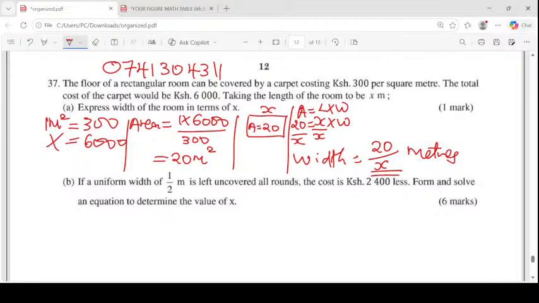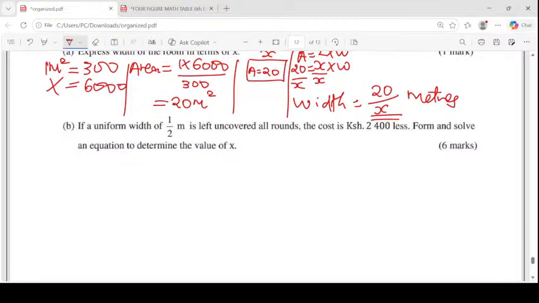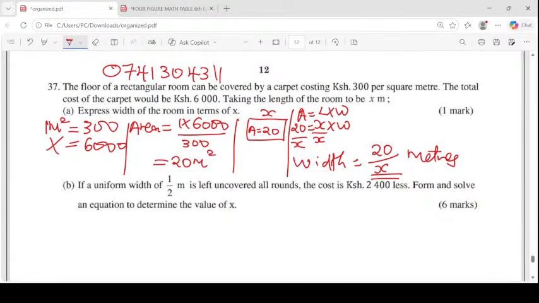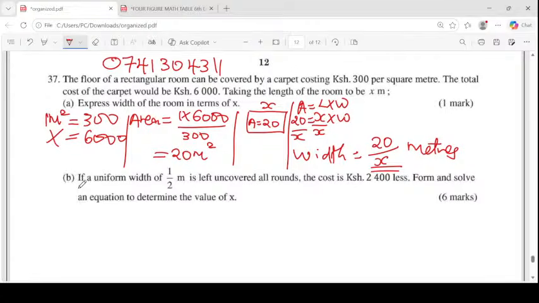Part B, if a uniform width of a half meters is left uncovered all round, the cost is 2,400 shillings less. Form and solve an equation to determine the value of x.